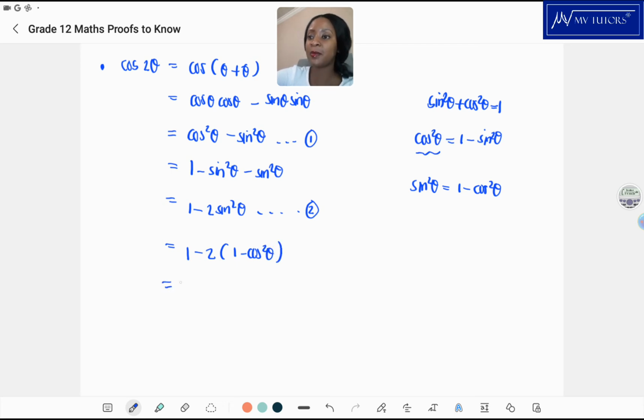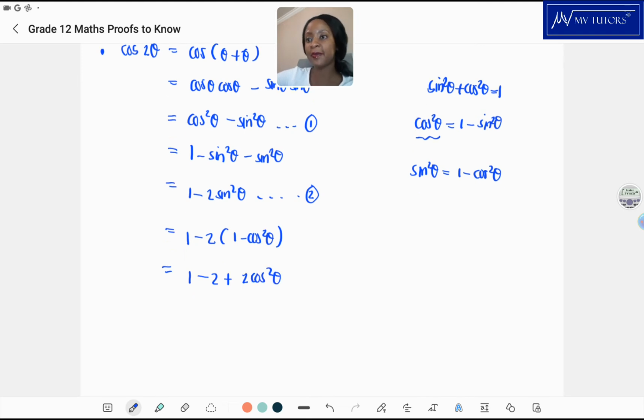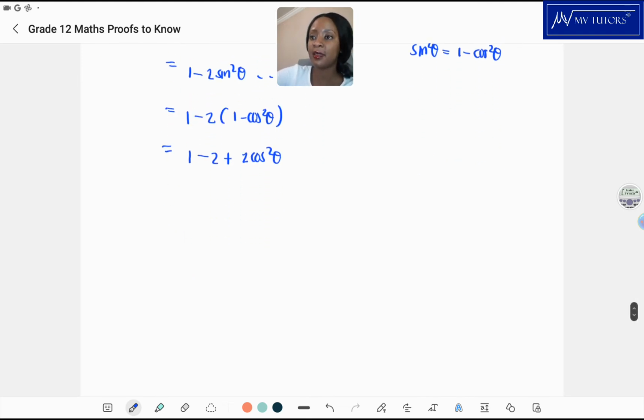If we were to simplify that, I have 1 minus 2 plus 2 cos squared theta. And then if I put the 2 cos squared theta first, I then have minus 1. And that is the third option for the double angle of cos.